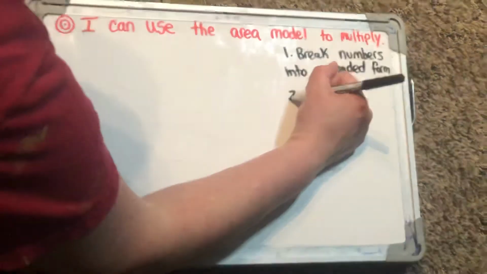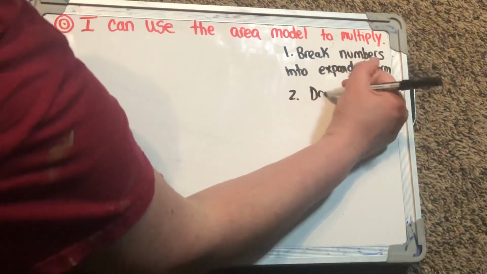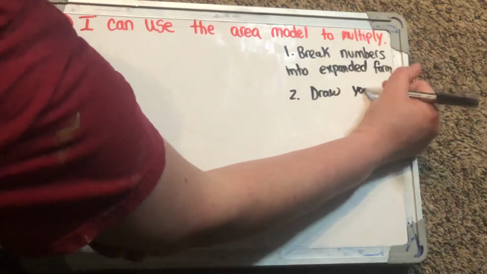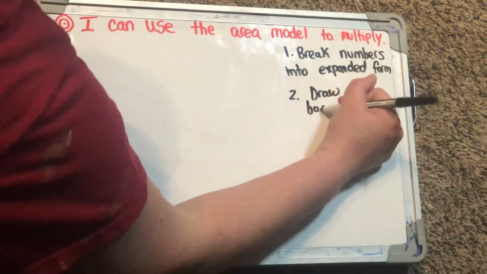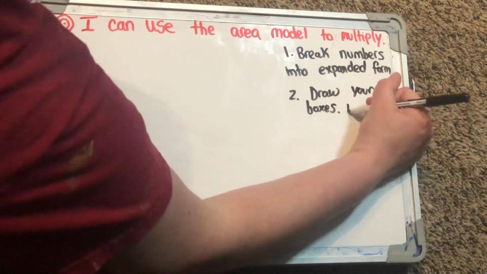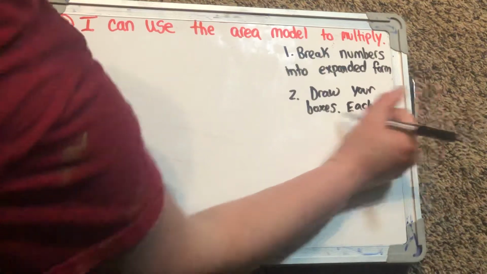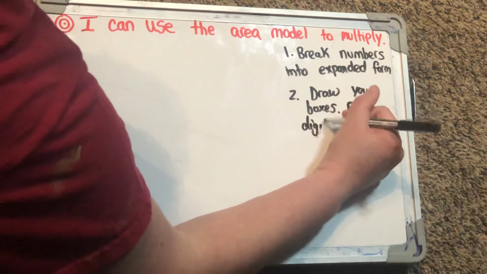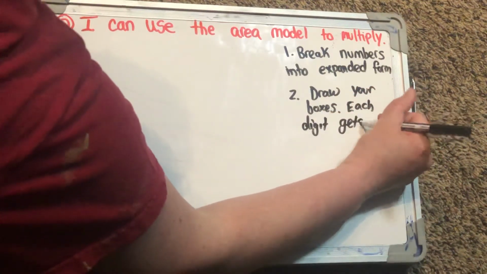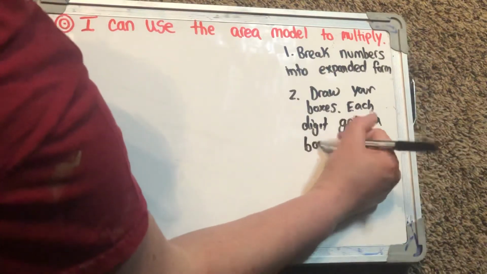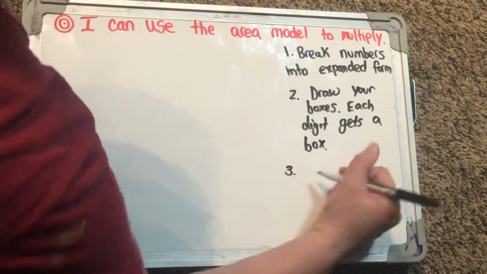Step 2, draw your boxes. And each digit gets a box. Okay. Step 3, multiply your boxes.